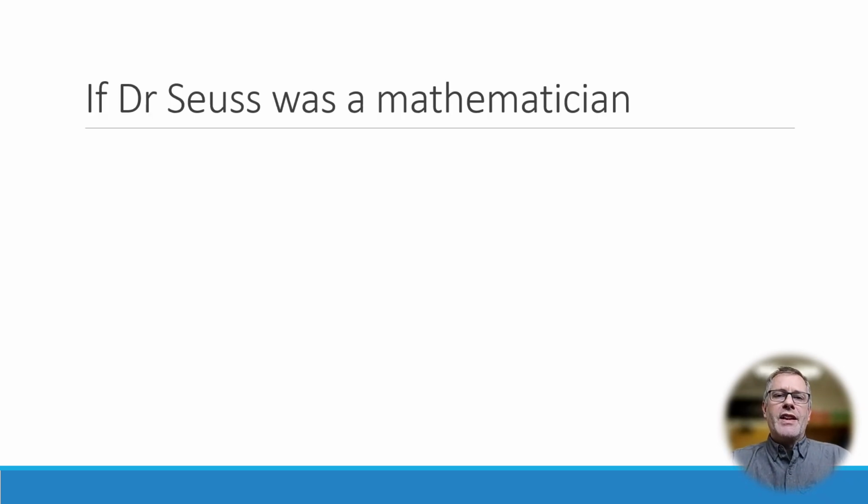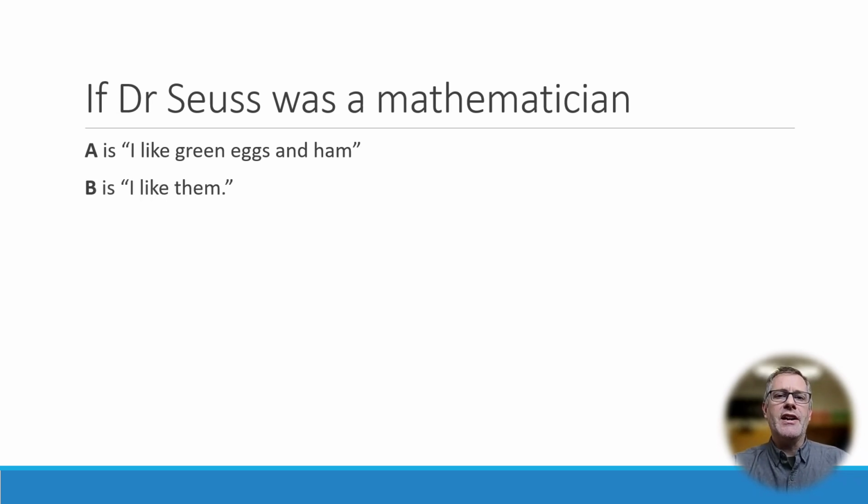So as an example, if Dr. Seuss were to be a mathematician, I could define A as I like green eggs and ham. I could define B as I like them. And I could define C as Sam, I am not. If I've done this, I can actually rewrite a lot of parts of the book just by substituting those symbols.